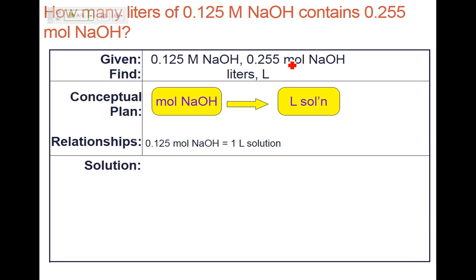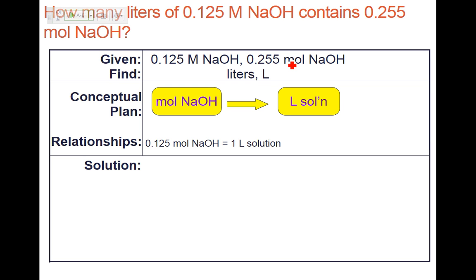I don't know how much solution I have. I just know how much solute is in how much volume of solution. So I might have 5 liters of this 0.125 molar solution that I am then taking a certain amount out of. So this is how our relationship is going to work.